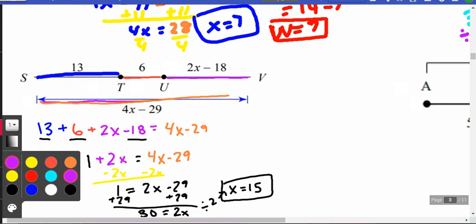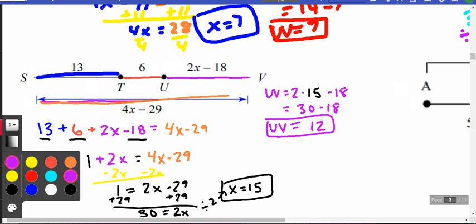So UV equals 2 times 15. Take away 18. So 30 take away 18 is going to result in 12. Now let's find the entire length of segment SV.